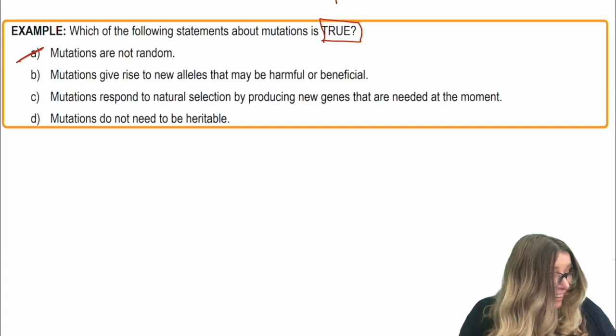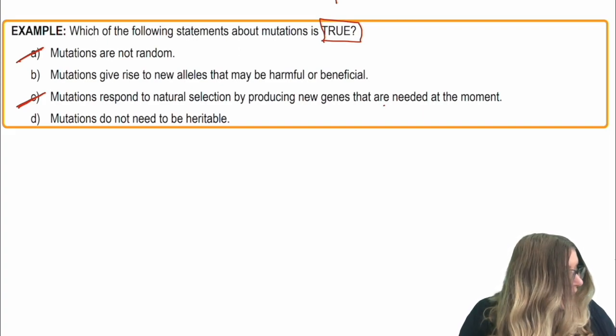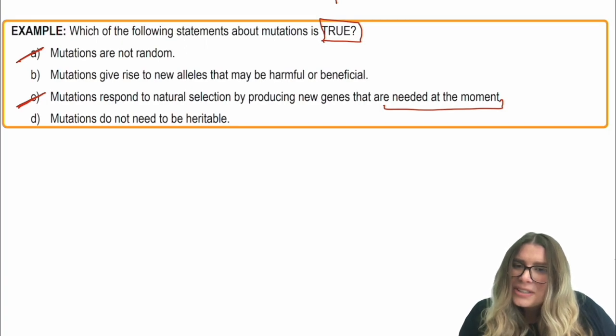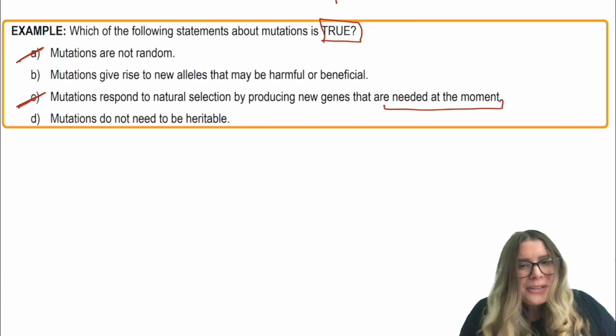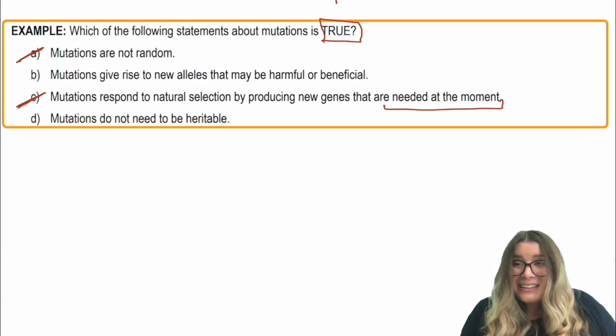Once again, we're going to cross off C because if we are making things that are needed at the moment, that's showing you that the mutations are happening purposefully, which is not true. Mutations are random. So answer choice C is eliminated.